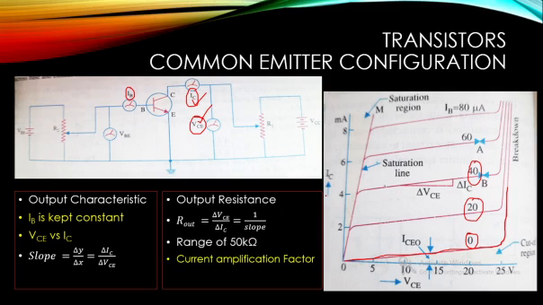And we can also find the current amplification factor directly from the output characteristics itself. We just need to consider any two curves for IB. For example, if you consider 60 microampere and 40 microampere for base currents, and consider these two points, this corresponds to IC values.